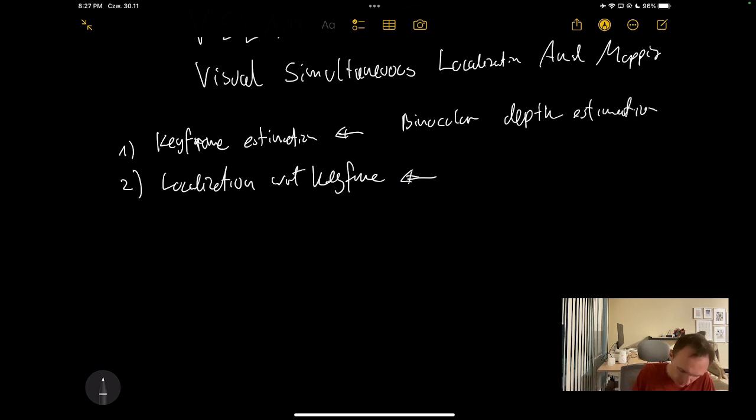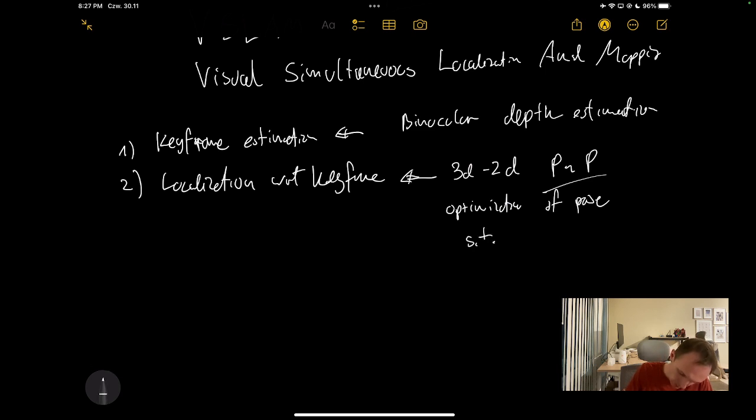And then for localization with respect to keyframe, we're going to use 3D-2D PNP. So this is perspective-n-point. And all it means is optimization of pose such that we minimize reprojection error.